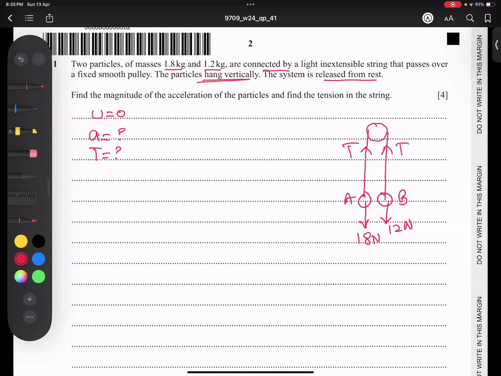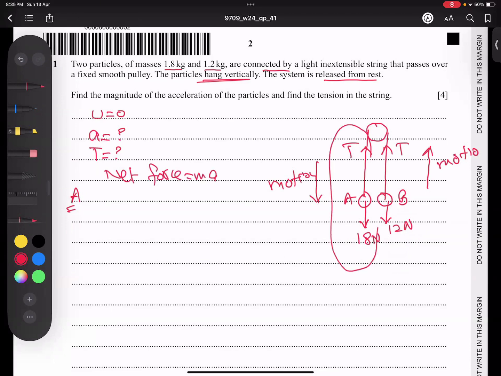Now let's talk about particle A, common sense. This is the heavier mass, and this is the lighter one. So naturally, A will move downwards, and B will move upwards. Best technique formula: net force is equal to MA. How many forces are acting on the particle?